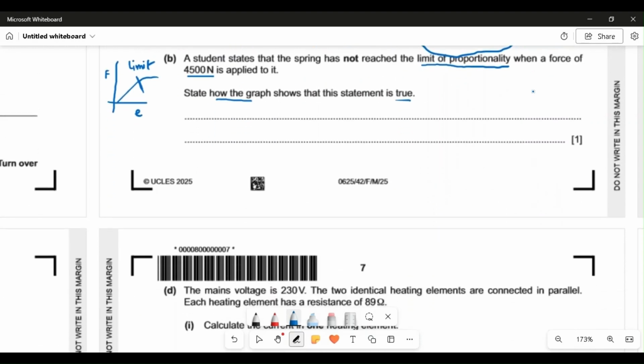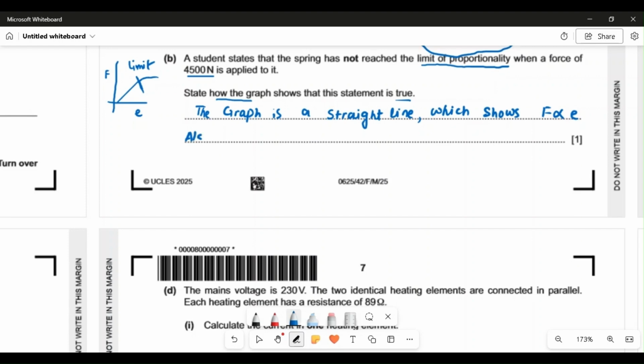So here we just need to mention that the graph is a straight line, which shows that force is proportional to extension.